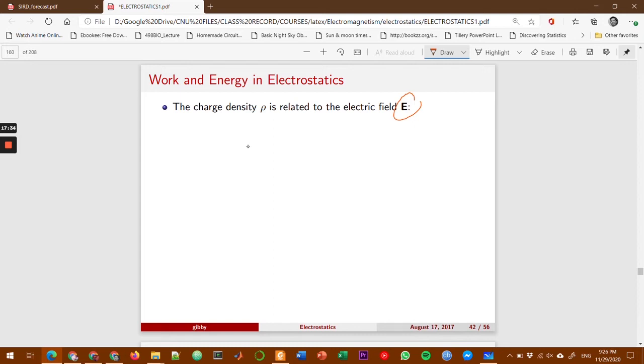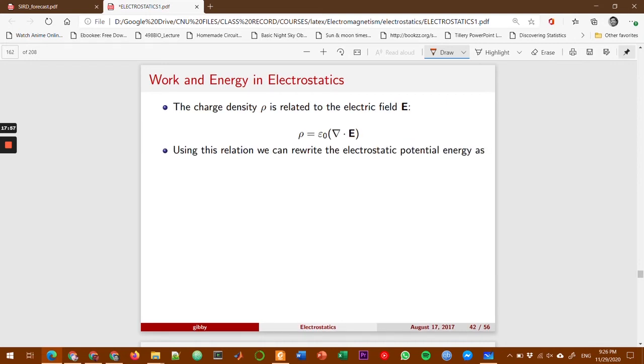Check the formula. It is the differential form of Gauss's law. To get rho, we simply cross multiply.